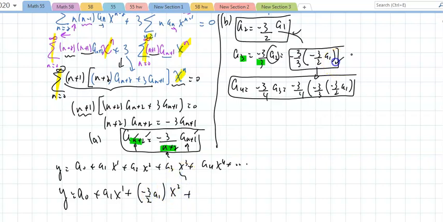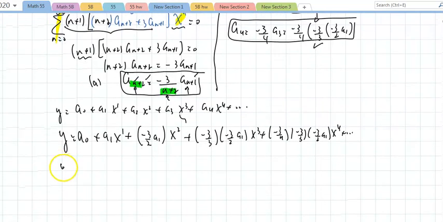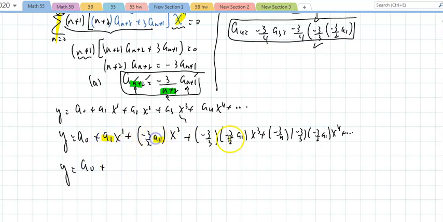A sub 3 is right there. That is a negative 3 over 3 times negative 3 over 2 a sub 1 x cubed. And the fourth one is right there. Negative 3 over 4, negative 3 over 3, negative 3 over 2 a sub 1 times x to the 4, and the list goes on. So, if I look at this, it seems y is going to equal a sub 0 plus, all of these have what in common?